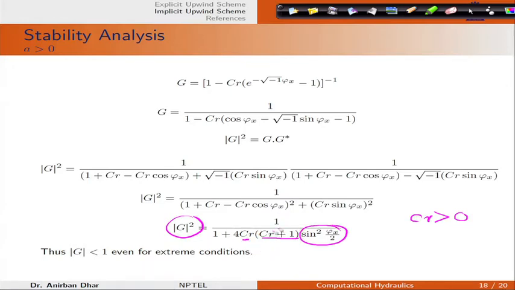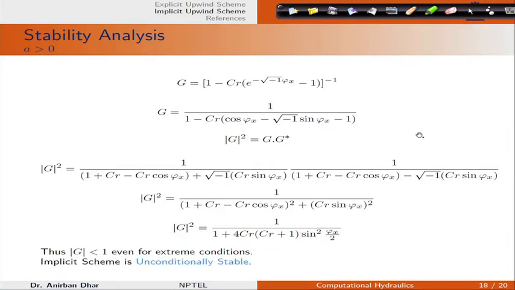So, 1 divided by 1 plus something positive will always give modulus of G squared less than or equal to 1. For the extreme condition, this will be less than or equal to 1. So, we can see that the implicit scheme is unconditionally stable.